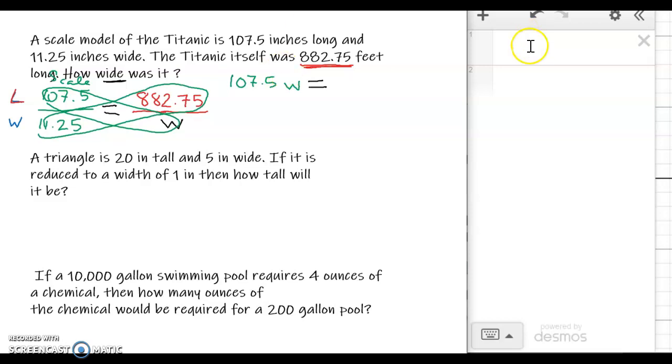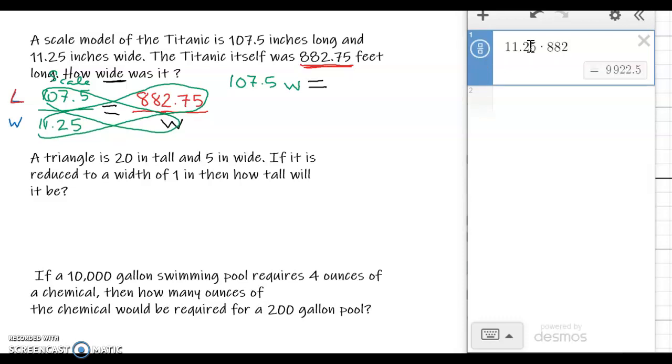And then what I have to figure out is what 11.25 times 882.75 is. That number is 9,930.9375.